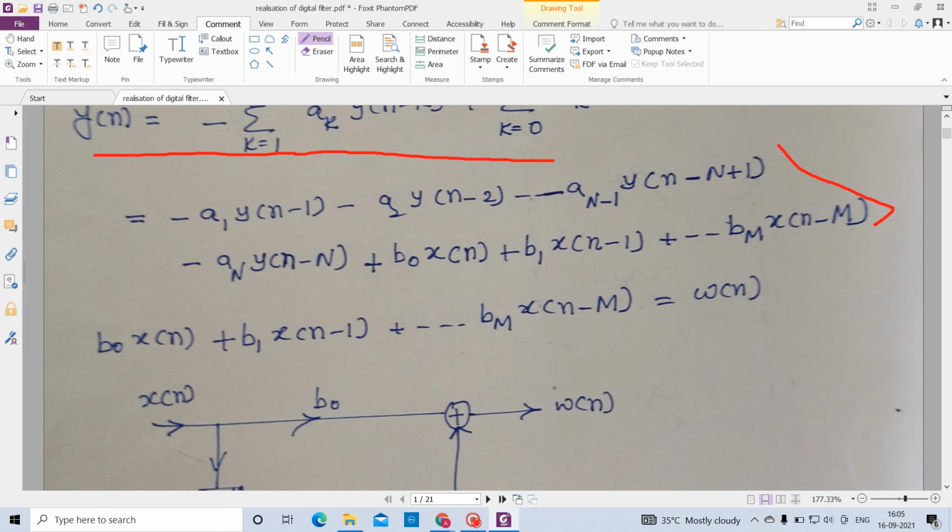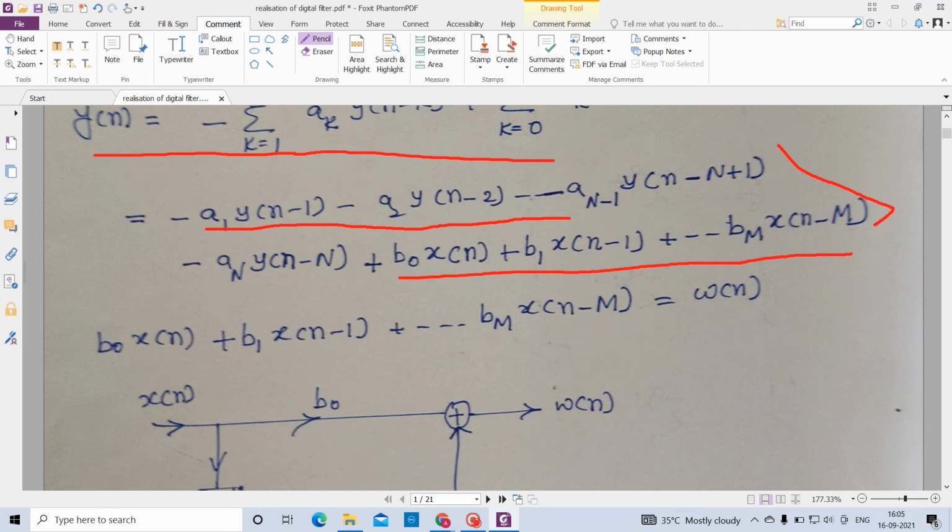This b coefficient is multiplied with the input signal x of n. This is one set of equations, which we represent as omega n. Similarly, the a coefficient equation is another set of equations.